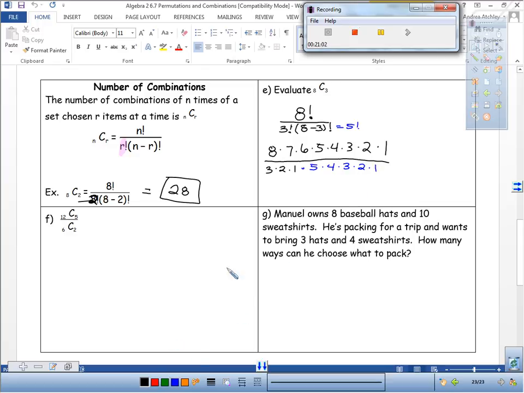So just like in permutations, you can cancel out some. So the 5, 4, 3, 2, 1 goes away, and the 5, 4, 3, 2, 1 goes away.